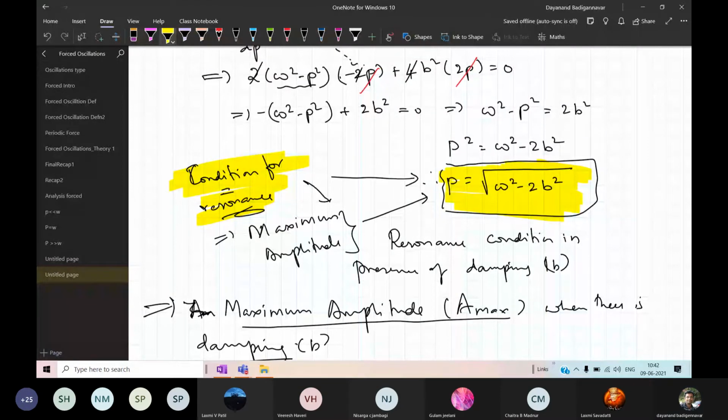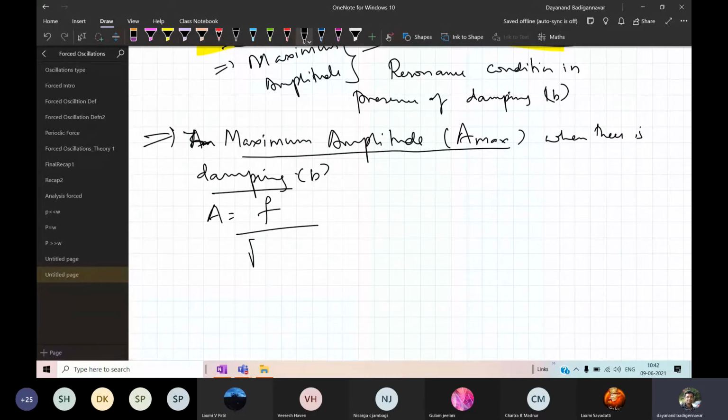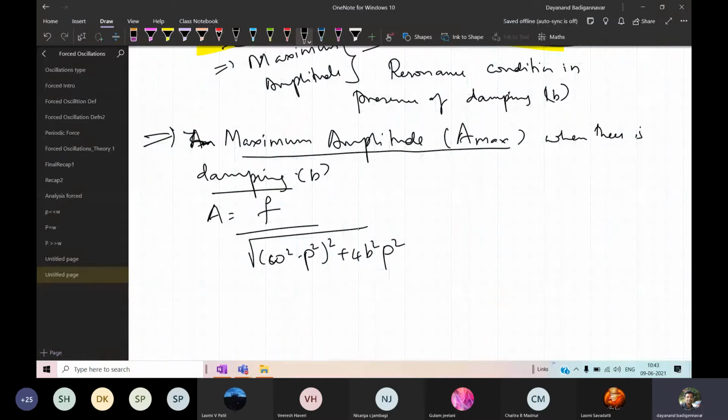Now what is the corresponding maximum amplitude? You know that the amplitude A is given by F divided by root of (omega square minus P square) whole square plus 4B square into P square. This is the value.